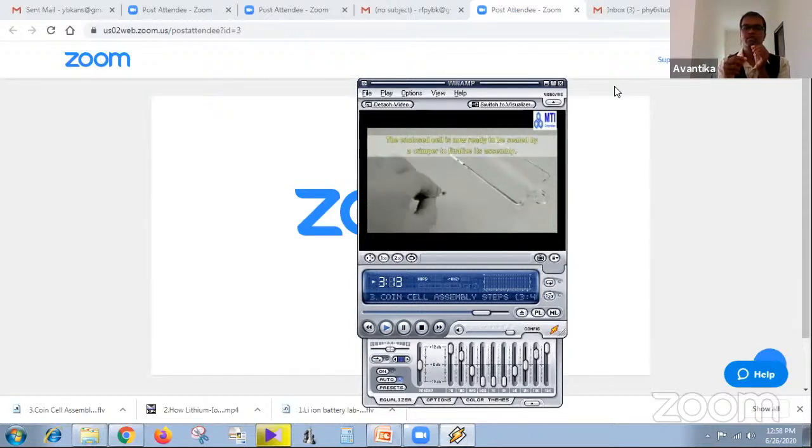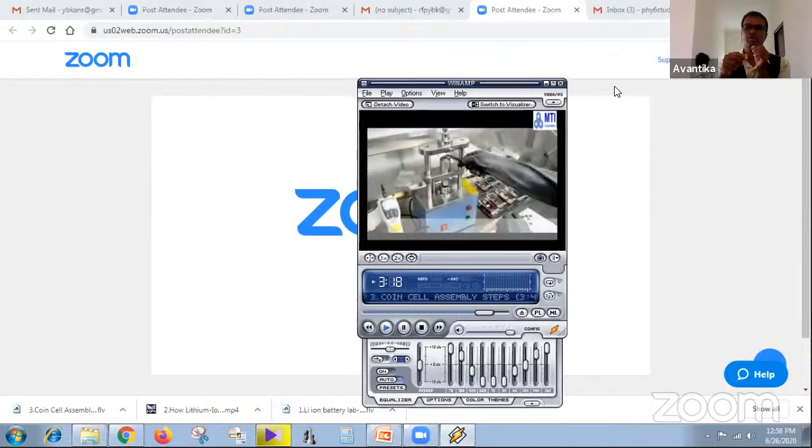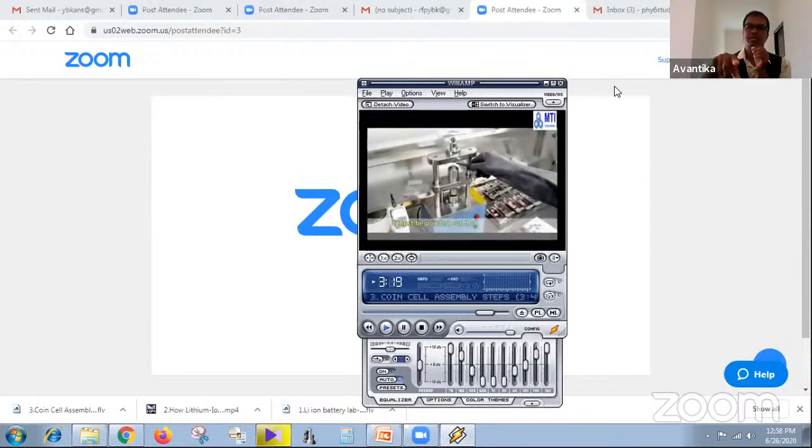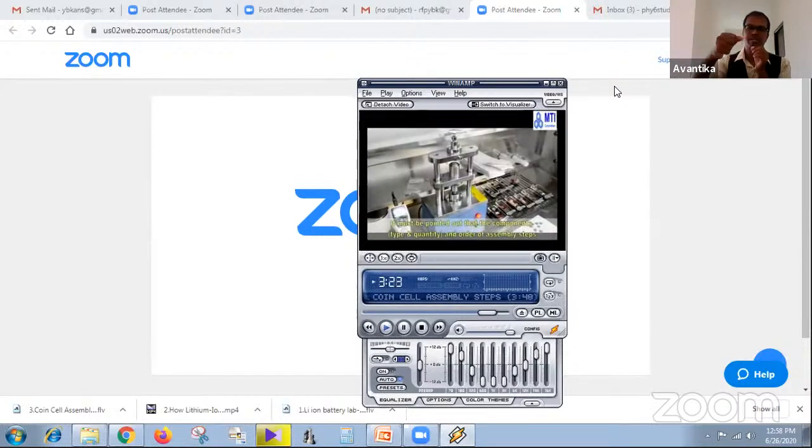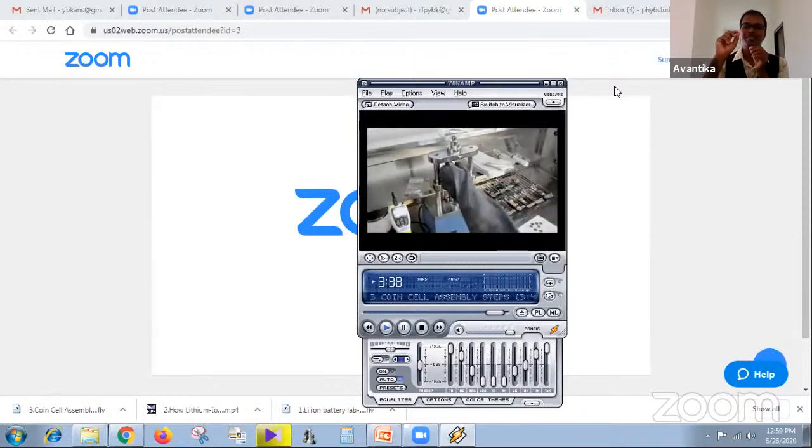We cannot keep it like this, so we have to tighten it properly. This is a hand pressing machine, so by using this machine, they can tighten it properly with some pressure. So this is the method of assembling the coin cell.